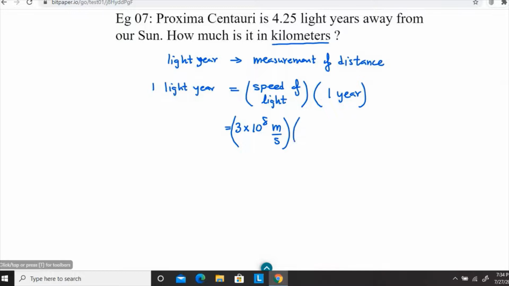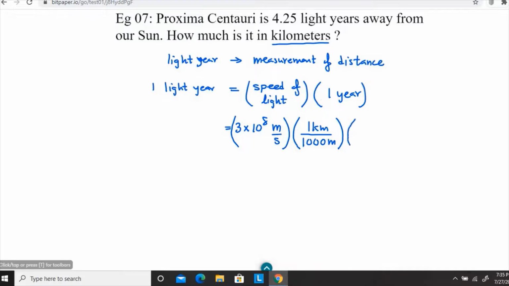So I know that 1 kilometer is equal to 1000 meters. So this is my first conversion factor where I converted meters into kilometers. Now 1 year. I need to convert this 1 year into seconds so that it will cancel out with the seconds over here.